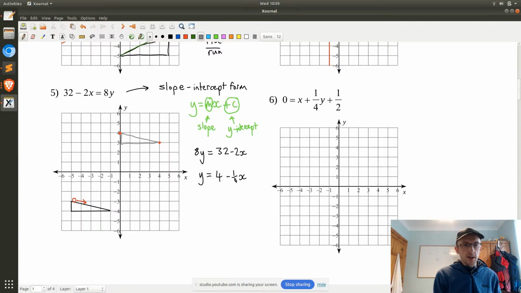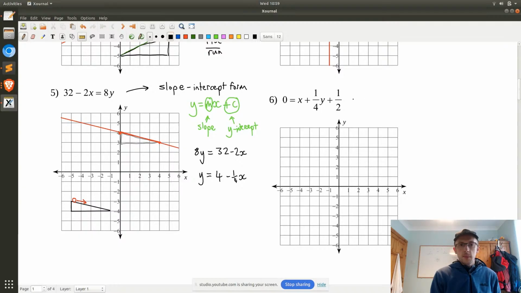Mentally, you may be imagining that. Right, now draw the line passing through those two points. And then the other way. Great.